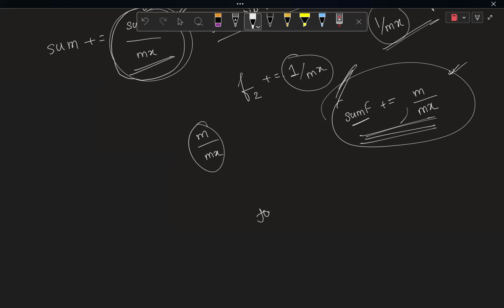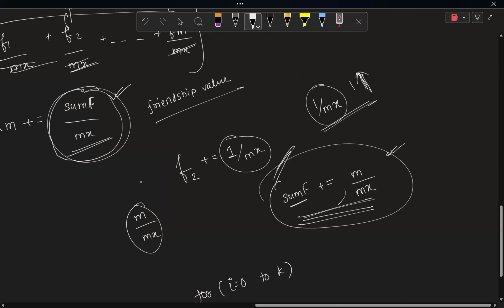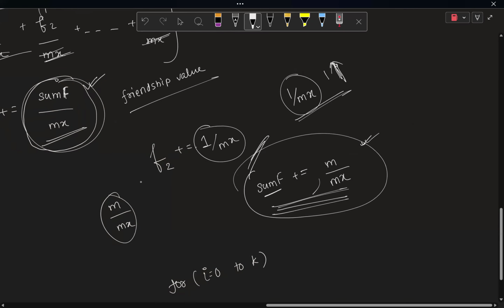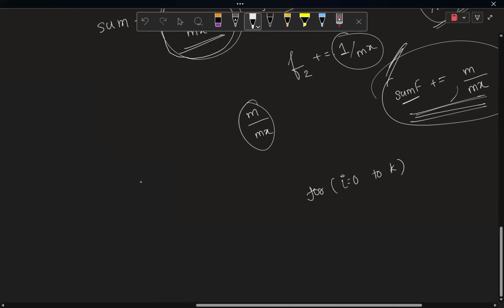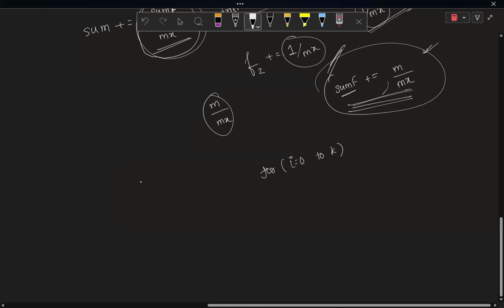Basically, I just ran a loop of i equal to 0 to k. Now I'm clear at this point that this might not be mathematically correct. It might have some inaccuracy, so I would suggest you go to the editorial. In case it is wrong, I will mention it in the comment section.